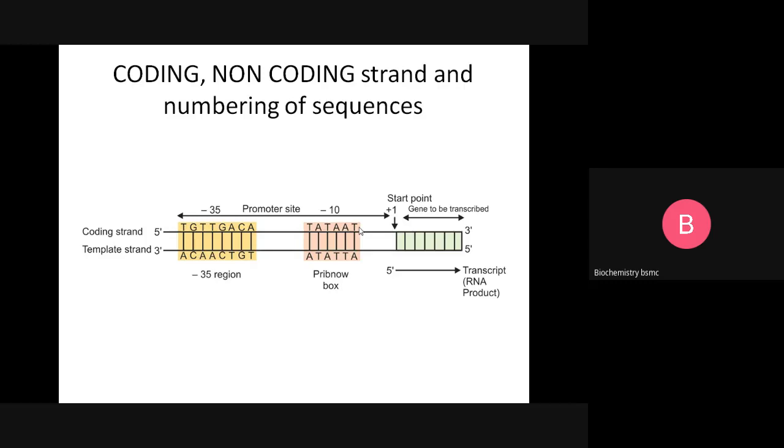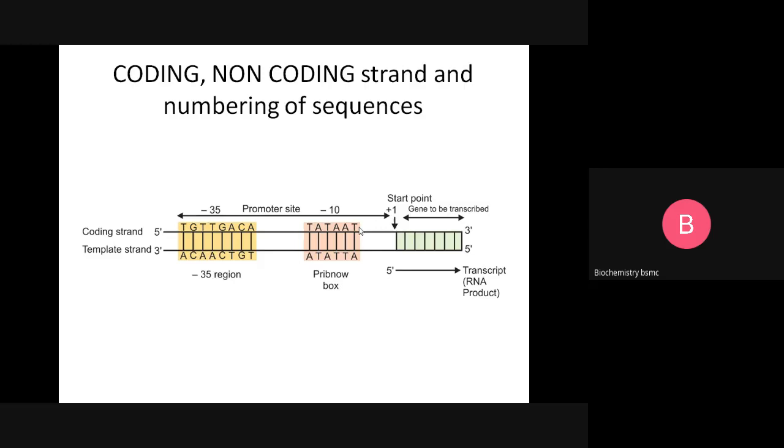Next thing is that there is no such sequence known as 0. So in the coding strand, there is no such sequence which is to be denoted as 0. Any sequence which is situated upstream, what is upstream? Upstream is to the 5' end in relation to the +1. So in relation to +1, anything which is 5' will be denoted as -1.